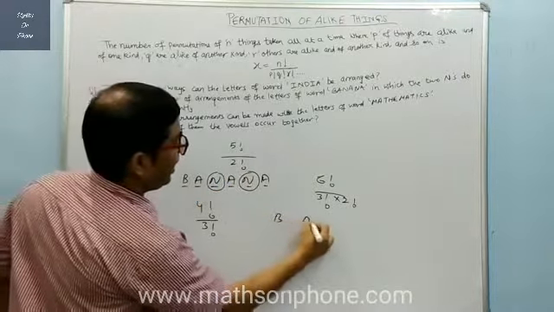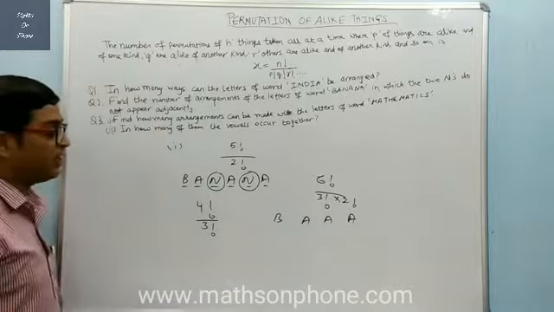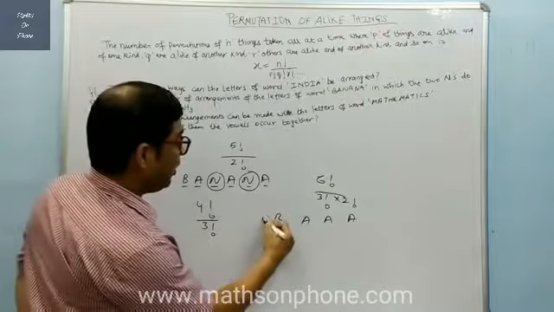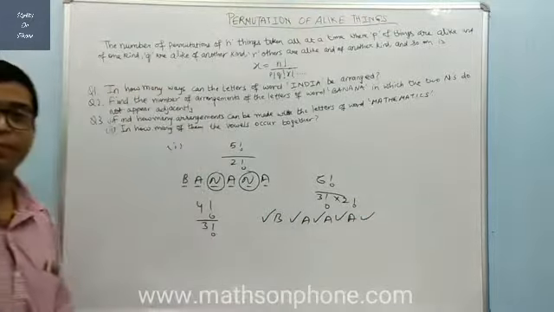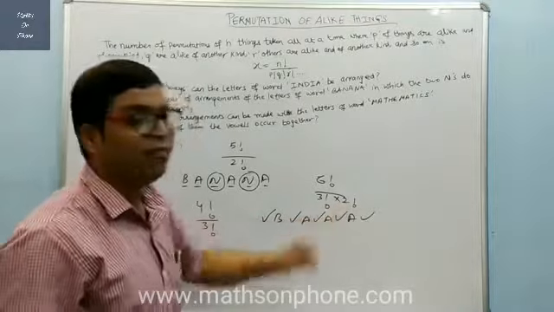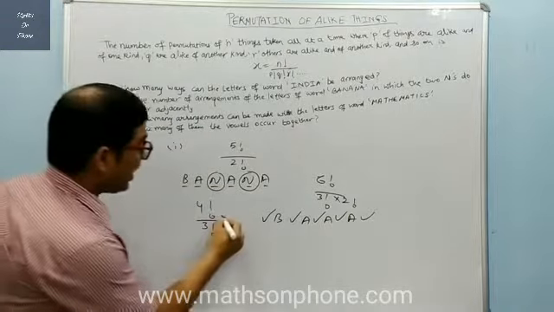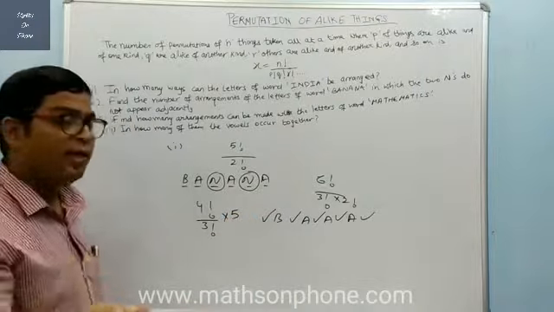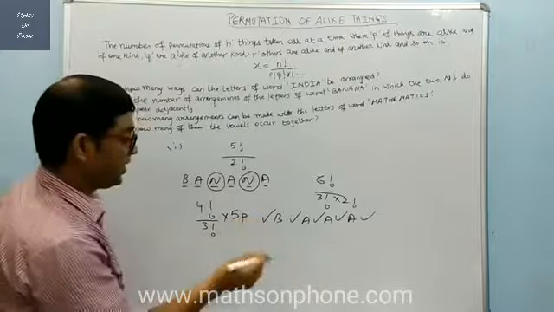This can be arranged in that many ways. Now gap up method you follow. Just as I said, in between 4 things we got 5 places. So 5 places are there where we can place 2 n's. So that can be done in, out of 5 places we have to arrange 2 things.